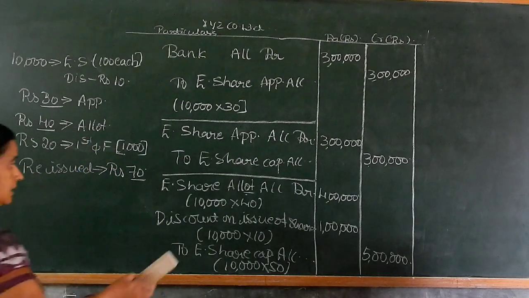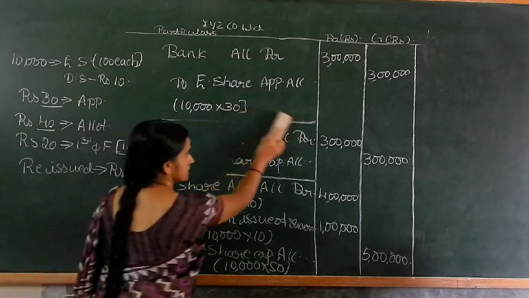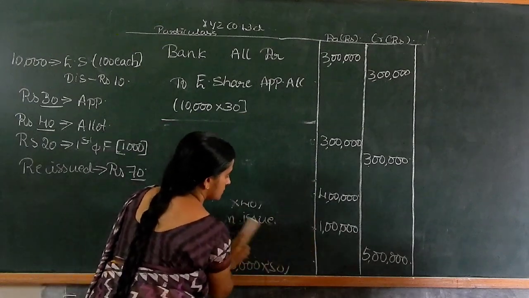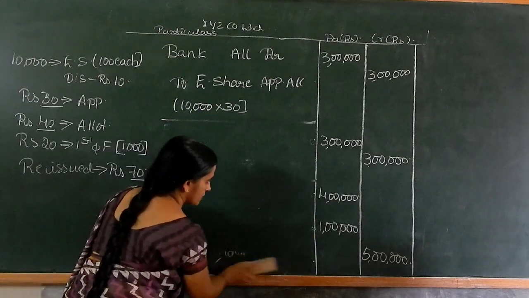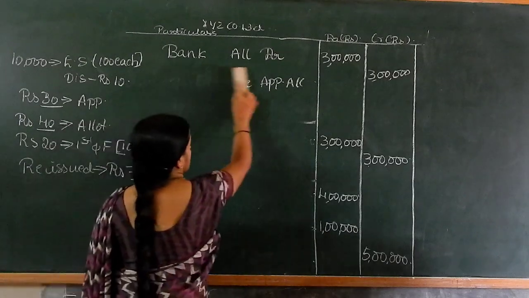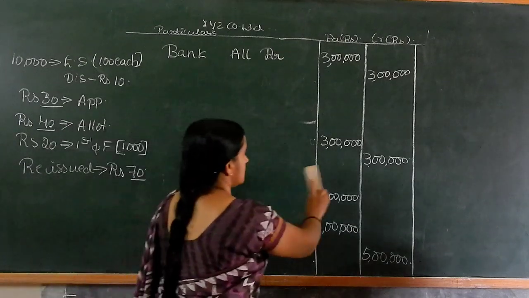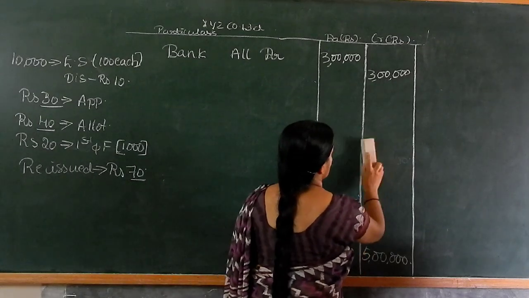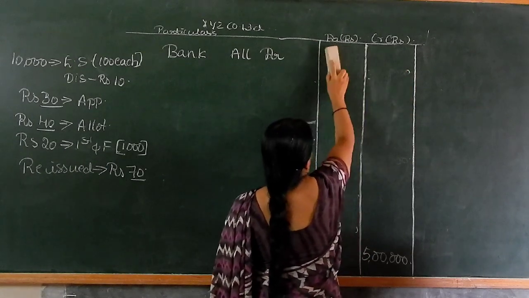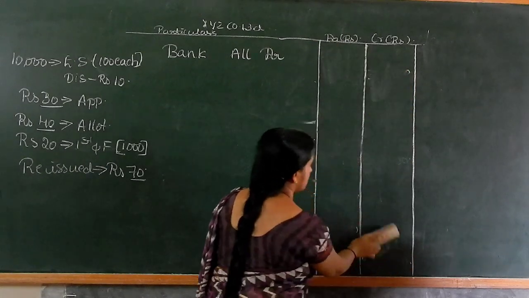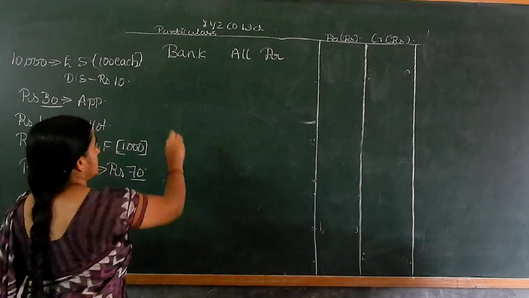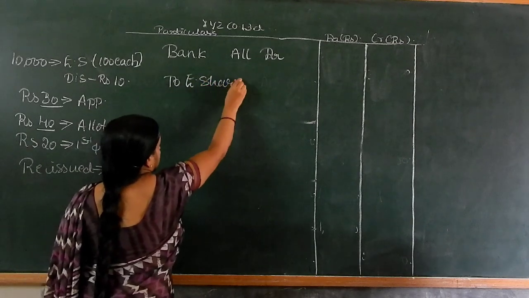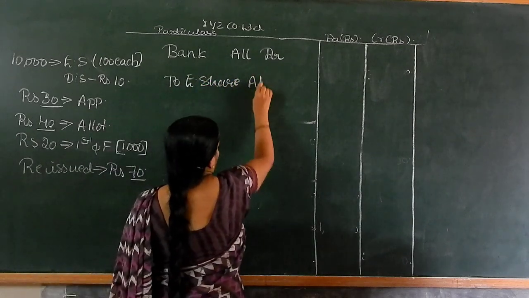So next entry for receiving the allotment money. When the allotment money is received, we have to pass one entry, that is bank account debtor to equity share allotment account.